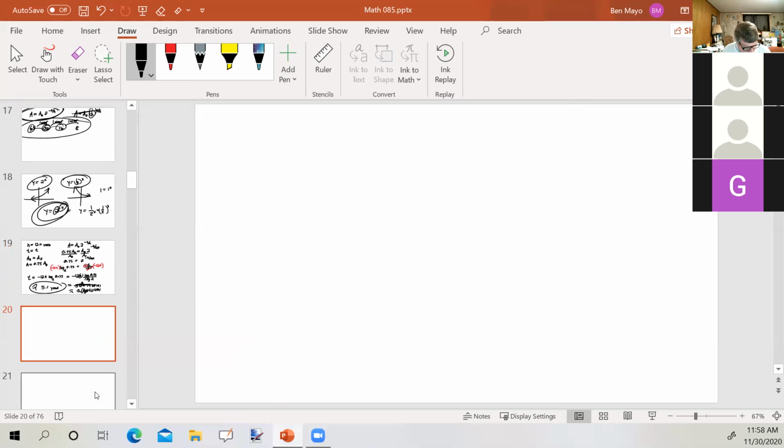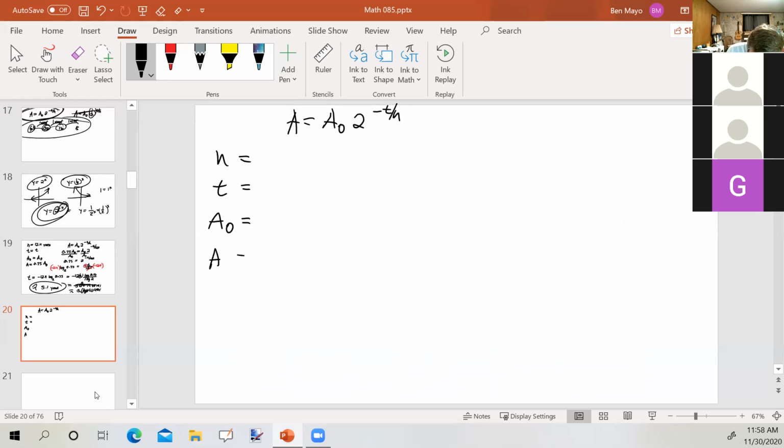How old is it? All right, carbon-14 is one of these radioactive substances, so we're talking about the half-life formula. So A equals A sub 0 times 2 to the negative T over H power. So we've got H, T, A sub 0, and A.